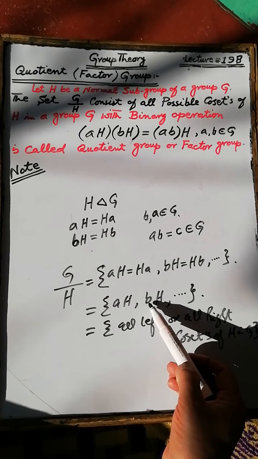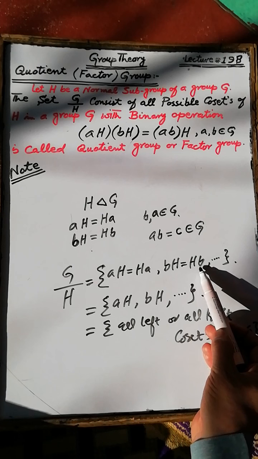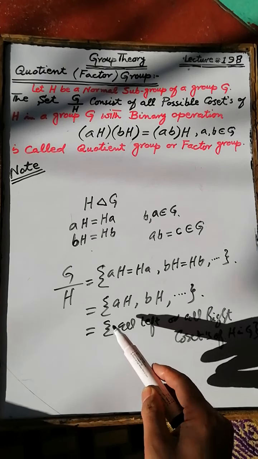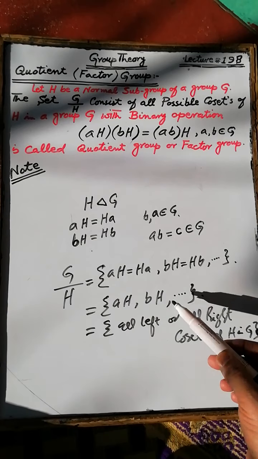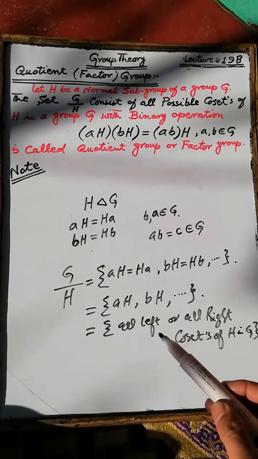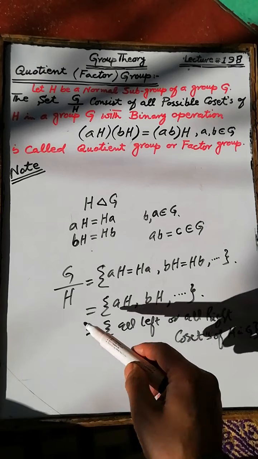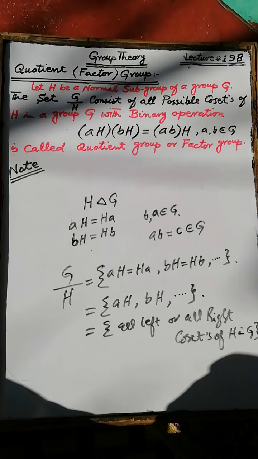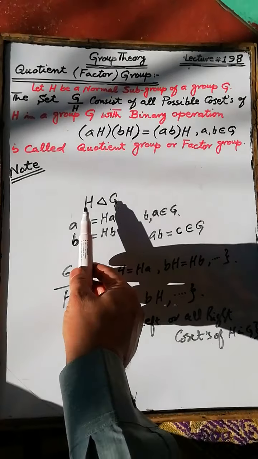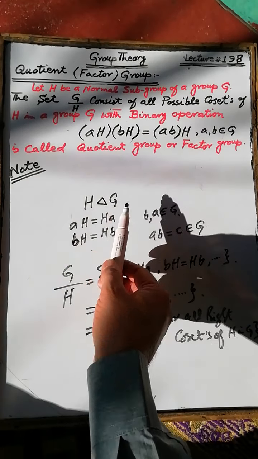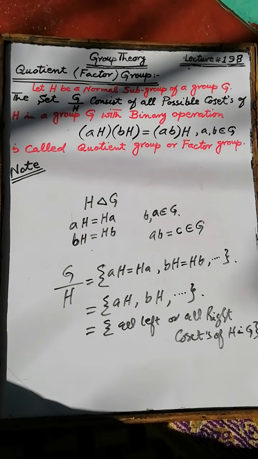The left coset determined by element b is equal to the right coset determined by the element b, and so on. Therefore, in this set we collect all the possible left cosets or all the possible right cosets of the subgroup H in a group G determined by the elements of the group G.